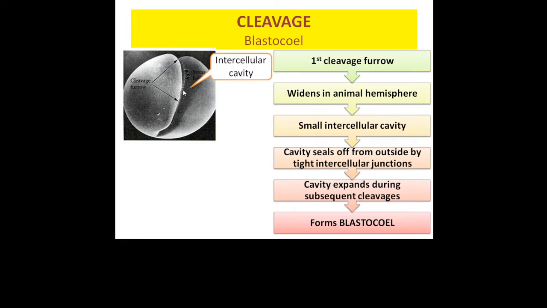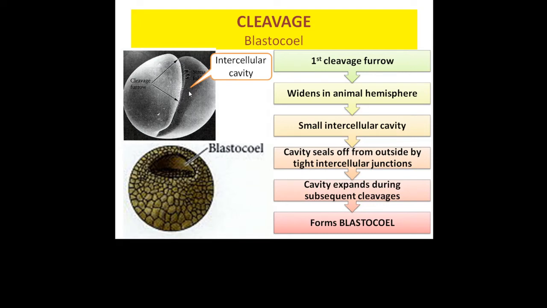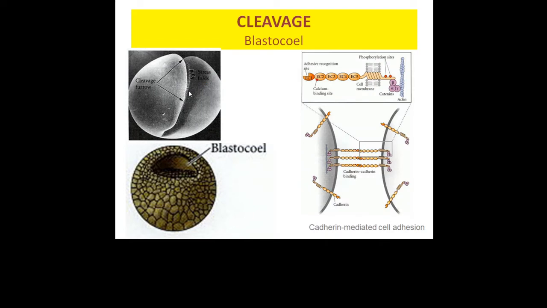This cavity then seals off from the outside by tight intercellular junctions. Gradually, the cavity expands, subsequently giving rise to blastocele by blastula stage. The tight intercellular junctions that we are talking about are maintained by cadherin molecules, which are calcium-dependent cell adhesion molecules.